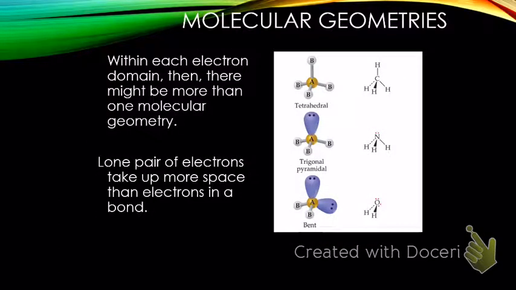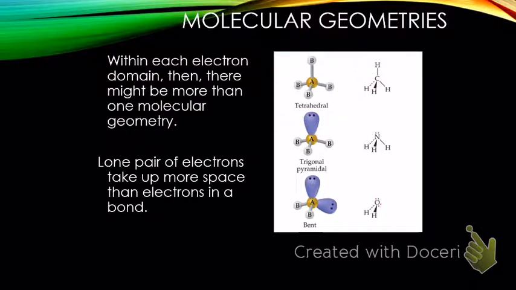Okay, so within each electron domain, there might be more than one molecular geometry. So what does that mean? Here we're going to look at what if there are 4 electron domains. And I like this picture here because it shows the different possibilities. If all 4 electron domains are due to bonds, like in methane, CH4, then it really is tetrahedral.